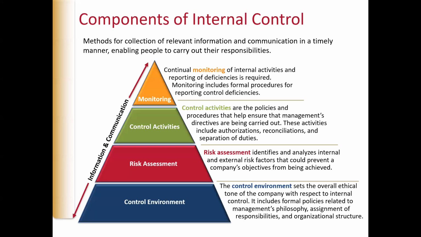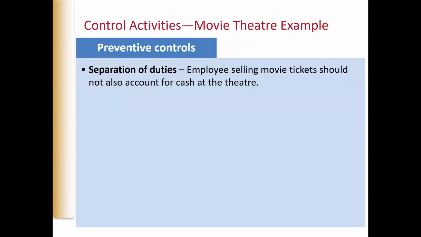From those control activities, then, you continually monitor the internal activities to make sure they are functioning as needed. So this is the system in place in each company that really determines how they set up their internal controls.